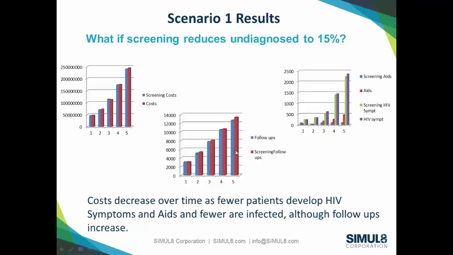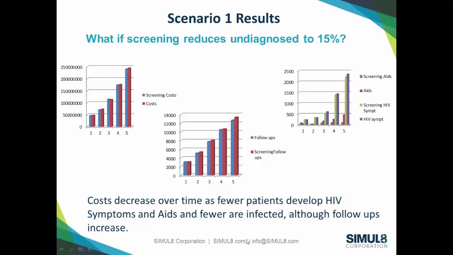When you look at follow-ups, you can see that in the screening scenario, which is that red bar there, you're getting more follow-ups as you'd expect than the baseline, although in year 1 it stays about the same. And then when you look at how the baseline for people with AIDS compares with the scenario for people with AIDS for the screening scenario, and again comparing HIV symptoms for the baseline scenario with the additional screening scenario, you can see that actually symptoms are starting to reduce, and the number of people with AIDS are starting to reduce quite significantly by year 5 as a result of that screening.